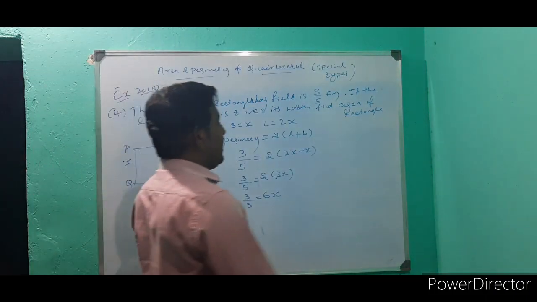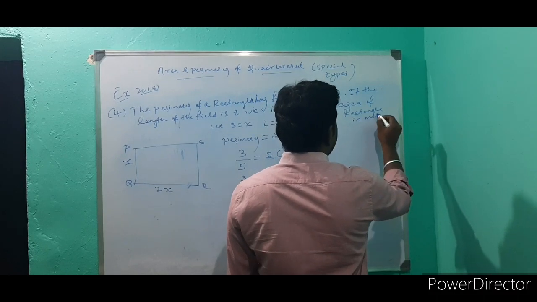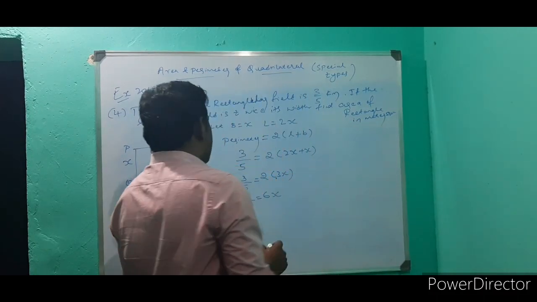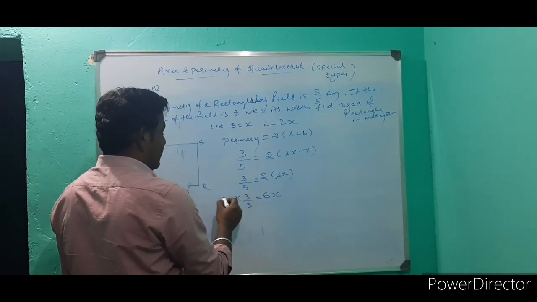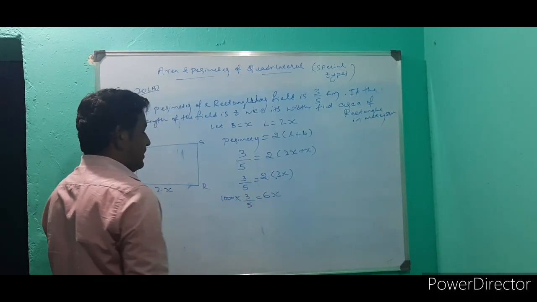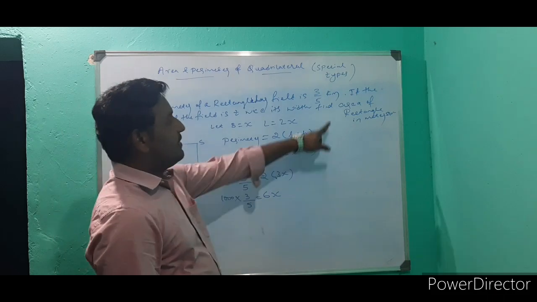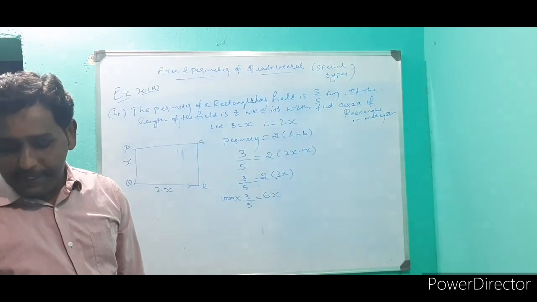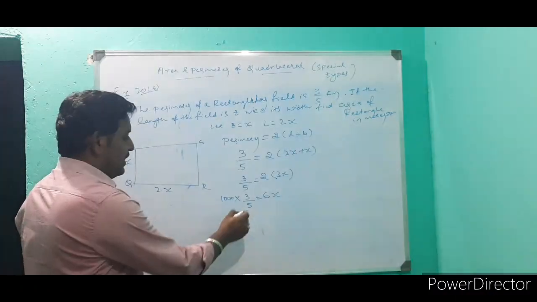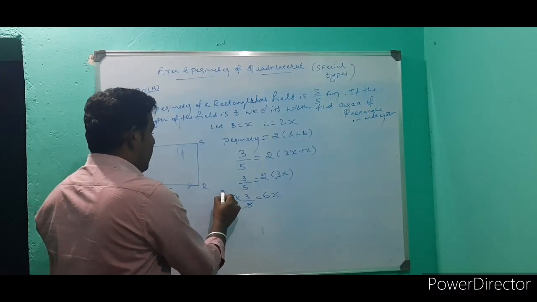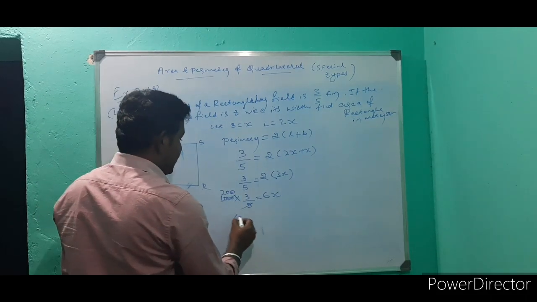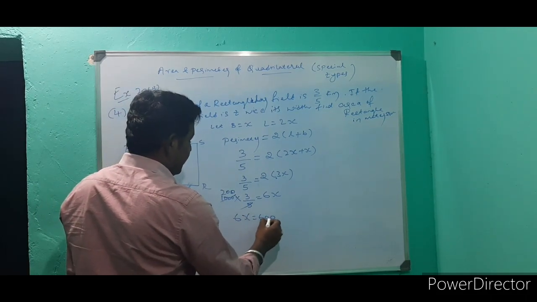So they are asking the area of the rectangle in meter square. So that means if you multiply it with 1000, they are given in kilometer. If you multiply it with 1000, it will convert into meter. So here 600. So that is 6x is equal to 600.